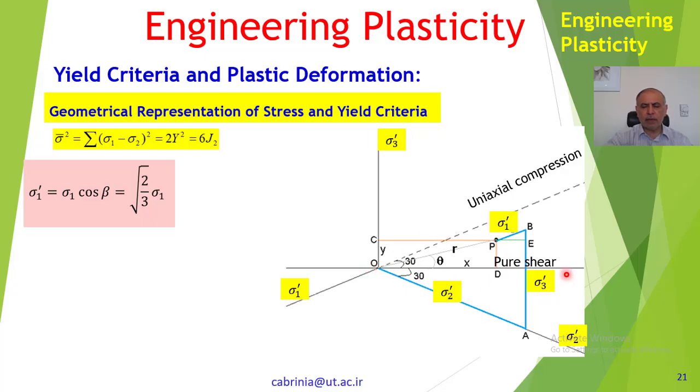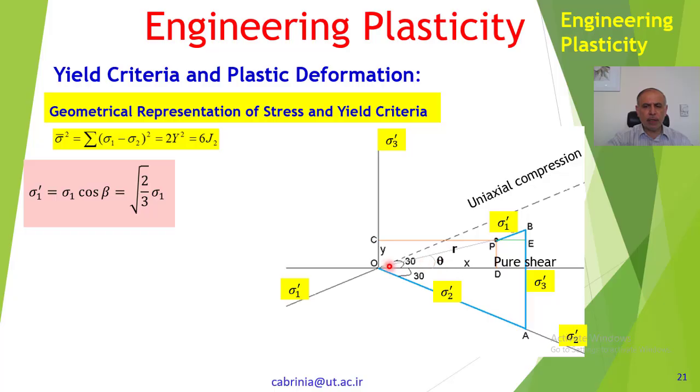And the x-axis makes 30 degrees with each axis, with the sigma 1 prime axis and sigma 2 prime axis. So you will later see that if we just consider a 30 degree area like that segment, that would be enough to cover all the areas in the stress space. And we will see how it comes to cover it all.